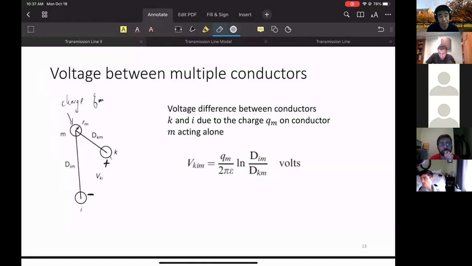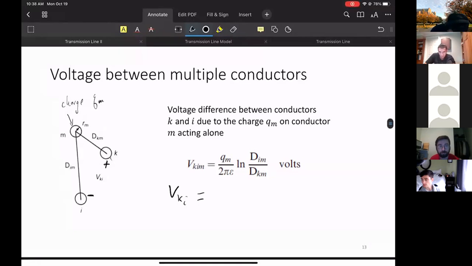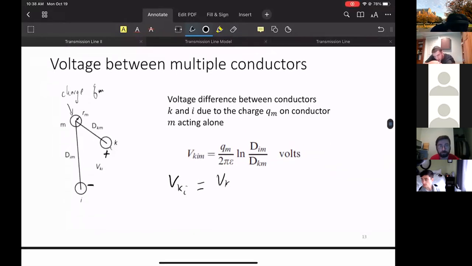We can use superposition in the way that we know the voltage between K and I is equal to the voltage between K and M plus the voltage between M and I. This is the equation we have.